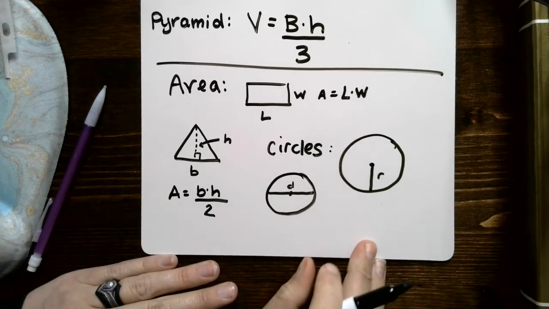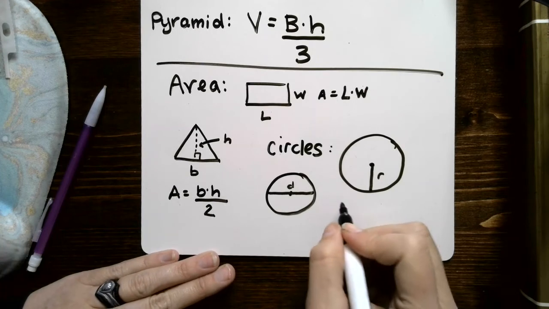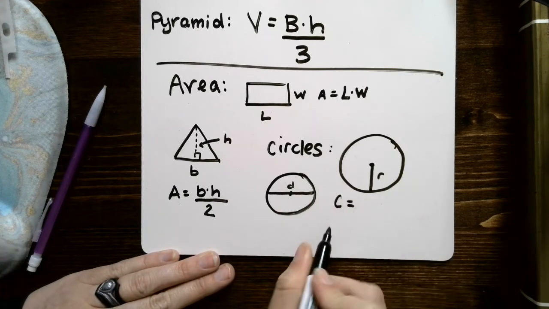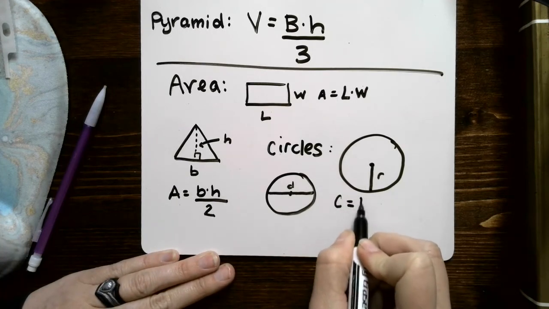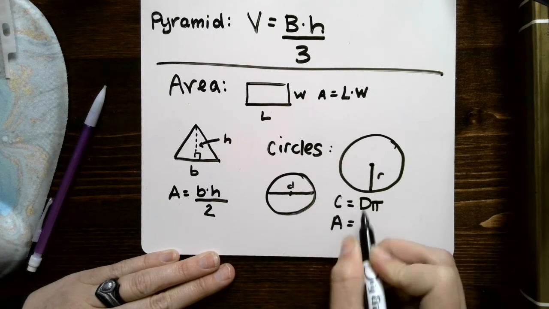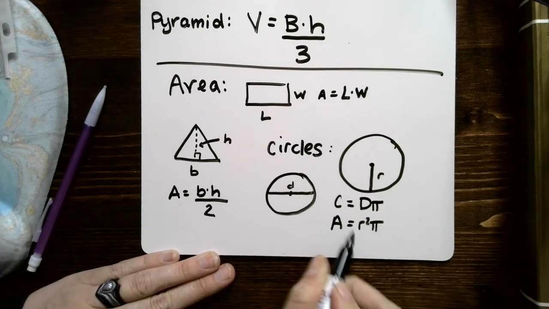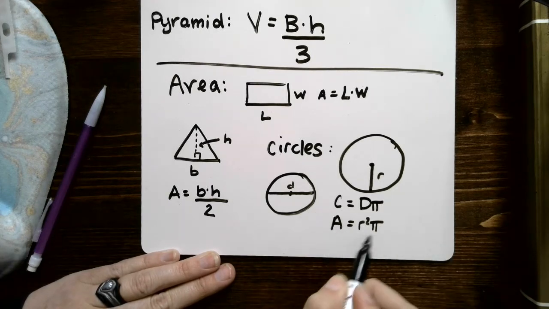You take the radius, double it, you get your diameter. The way that I remember circles, circumference is cherry is delicious pie, and for area, apple pies are 2. So to find the area of a circle, you take the radius squared and multiply that by pi.